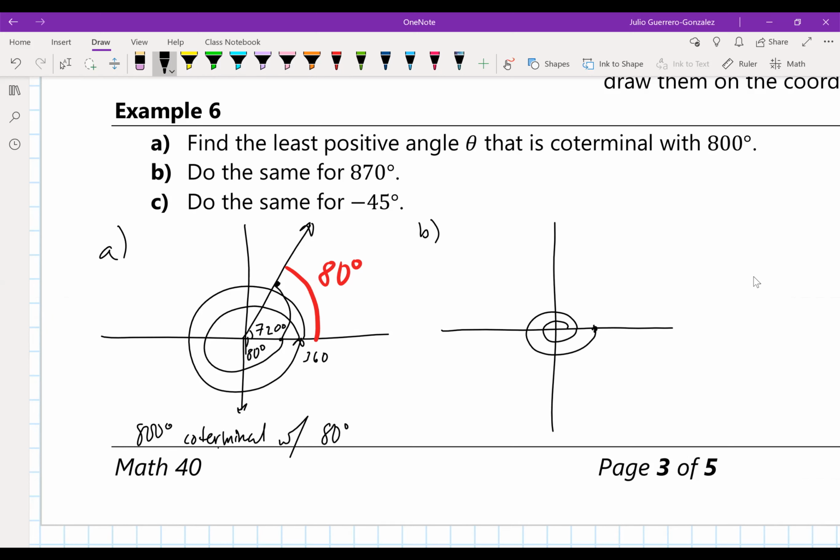So two around is 720, plus another 150 degrees.